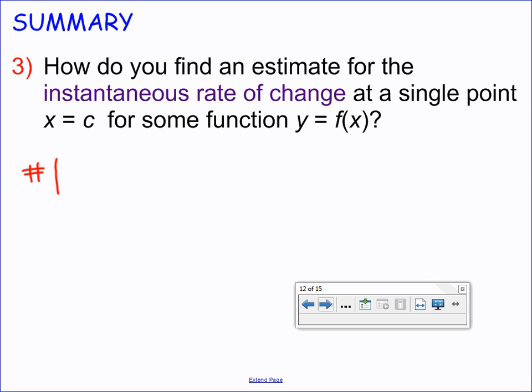So to get an estimate for the instantaneous rate of change, we could do it in one of 2 ways. Our first way would be to do average rate of change calculations or secant line slope calculations for successively closer points to my point of concern.